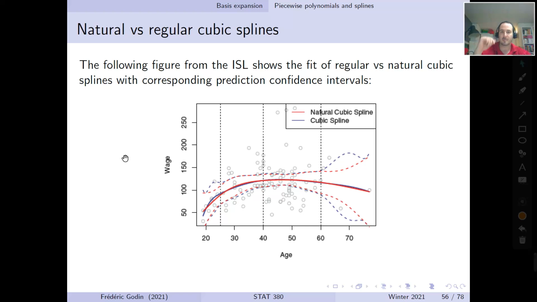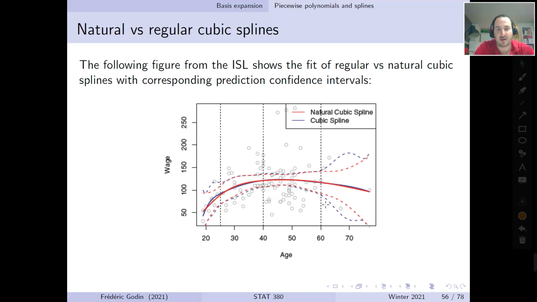Here, once again, I've picked this figure from the ISL textbook, where they illustrate the fitting of a natural cubic spline, where you impose linearity on the first and the last subintervals, versus the regular cubic spline, which does not impose these kinds of constraints. They use 3 knots: first knot, second knot, and third knot here.